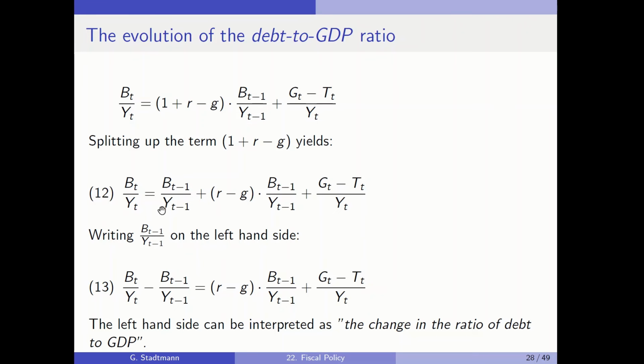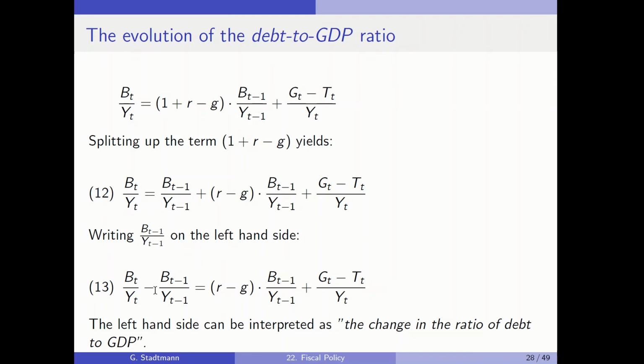In the next step, we write B_{t-1} over Y_{t-1} on the other hand side of the equation. So this goes to the left hand side and pops up here with a negative sign. And then we are already done. So the left-hand side can be interpreted as the change in the ratio of debt to GDP.